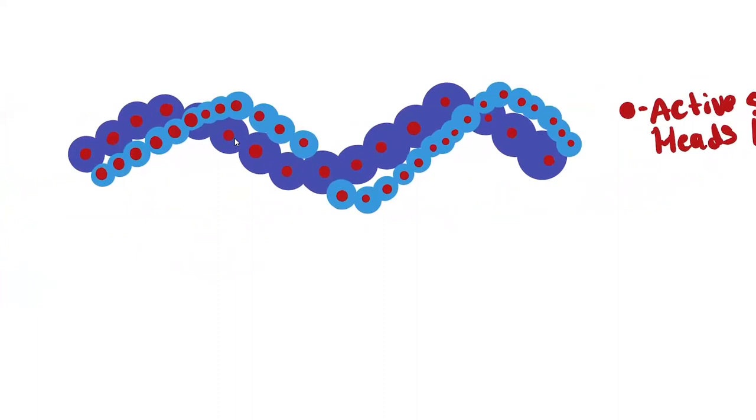I'm sorry, tropomyosin. So tropomyosin is going to be this long strand that wraps around the actin.